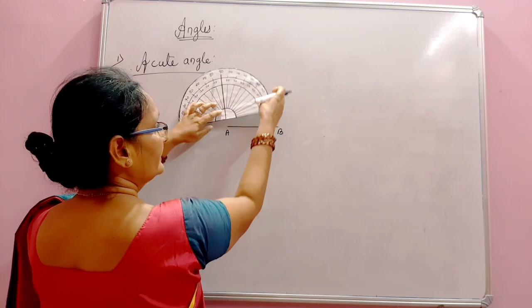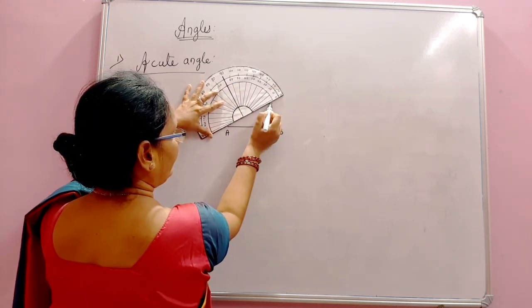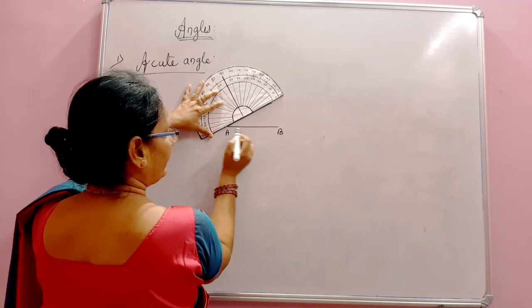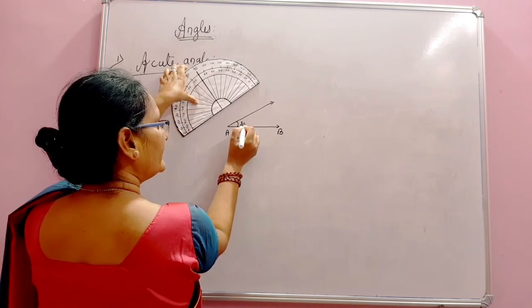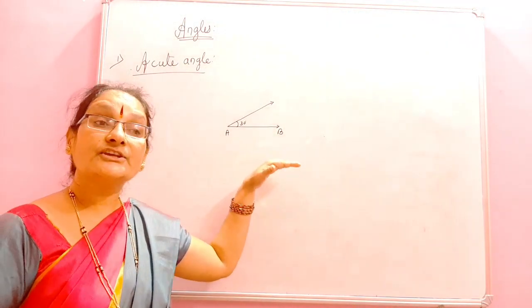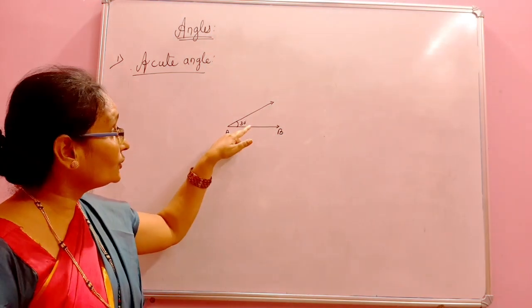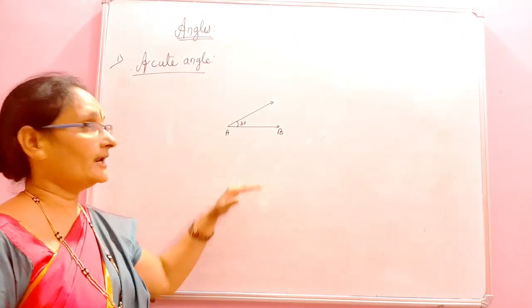This is a 30 degree angle. This kind of angle is called an acute angle. From 0 to 89 degrees, they are called acute angles.